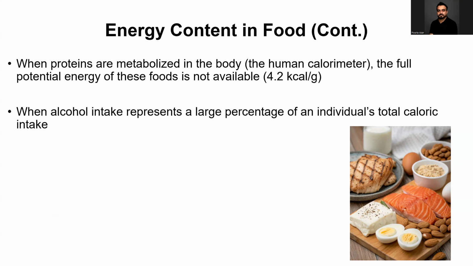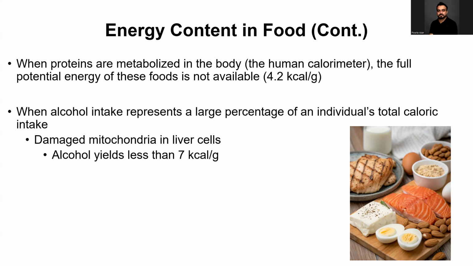And as I said, when alcohol intake represents a large percentage of an individual's total caloric intake, because of the damaged mitochondria in liver cells, alcohol yields less than 7 kilocalorie per gram.